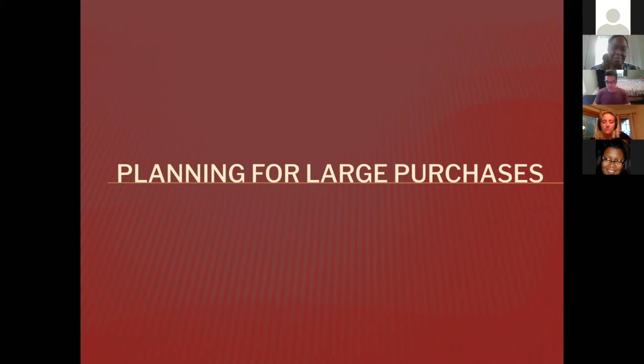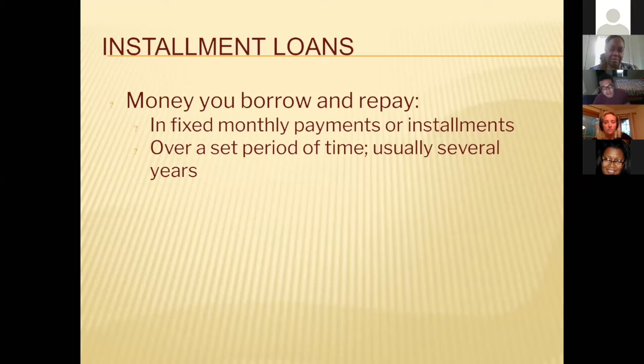So to get into a bit of the planning for large purchases, I'm going to try to make sure we can get through this all in time. So when you make a large purchase, most of the time you don't necessarily want to pay the full amount up front. So you might take out a loan, what's called an installment loan. Loans are essentially money that you borrow from a bank usually, or a credit union, and that you'll repay.